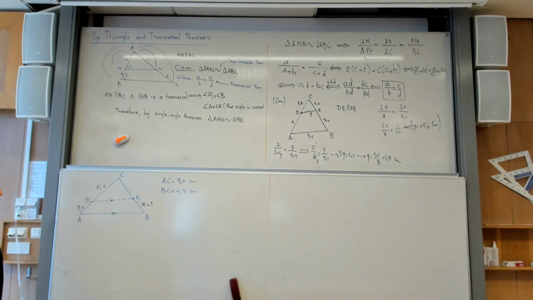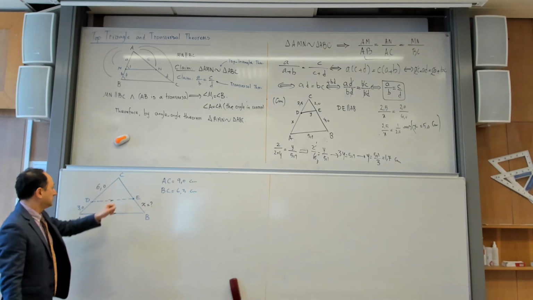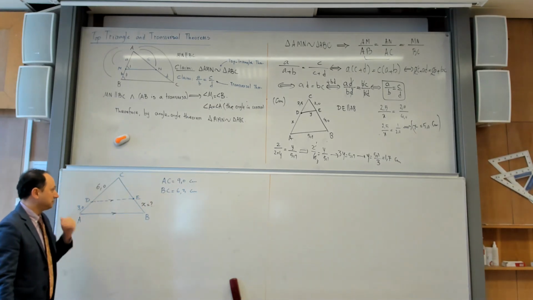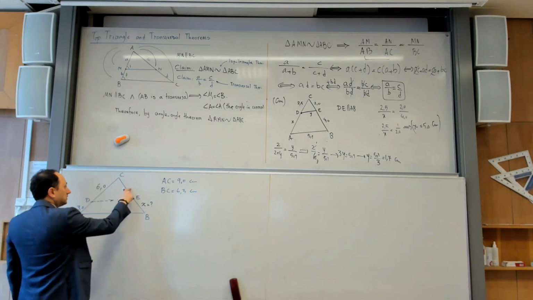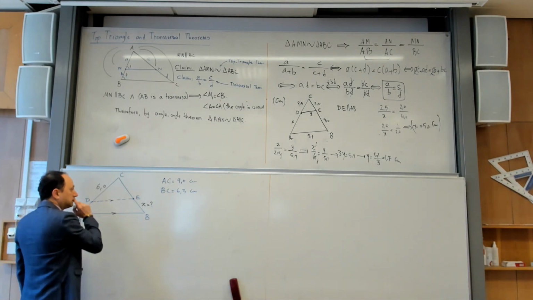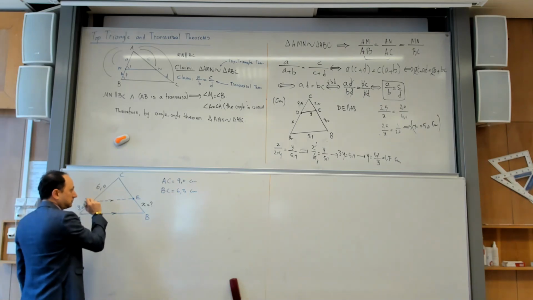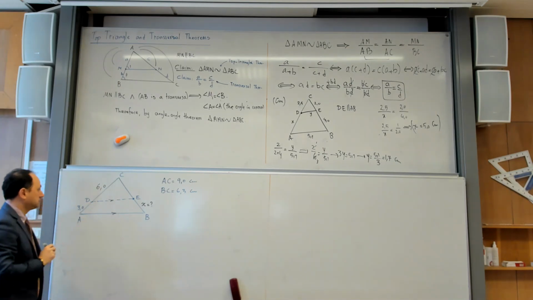And then we know the whole BC is 6.3. So if the whole is 6.3, then the CE part divided by BC should be equal to 3 divided.